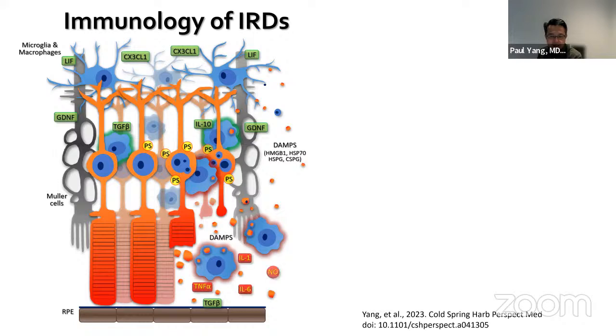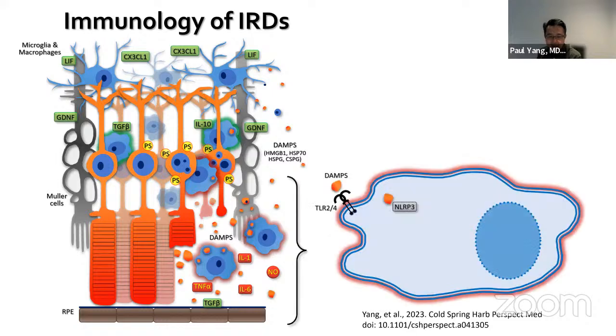There's also pro-inflammatory factors. So these are cytokines, IL-1, IL-6, TNF-alpha, as well as nitric oxide. And there are these pattern recognition receptors for DAMPs. One of the big categories are these TLRs, or toll-like receptors, as well as NLRPs, nucleotide binding oligomerization domain-like receptors.